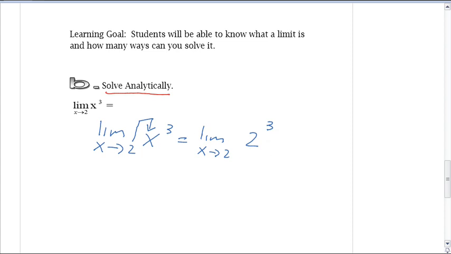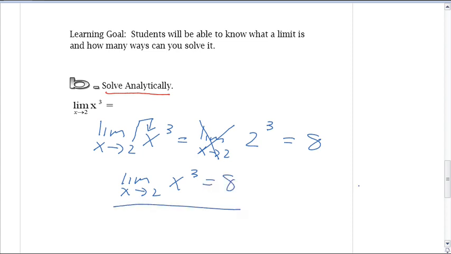Now, technically, once I evaluate the x, I no longer need the limit. So I'll say it again. Once I plug in for x, I no longer need the limit. The limit just tells me that I'm going to basically plug in. So 2 cubed would make 8, and so we could say that the general limit as x approaches 2 of x cubed is equal to 8. That would be our answer.